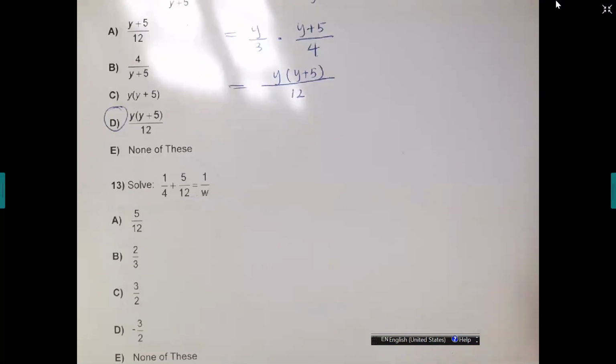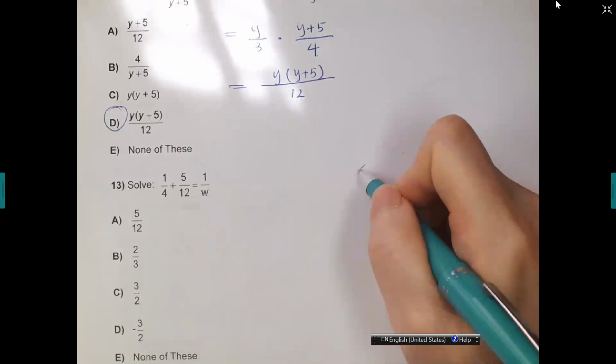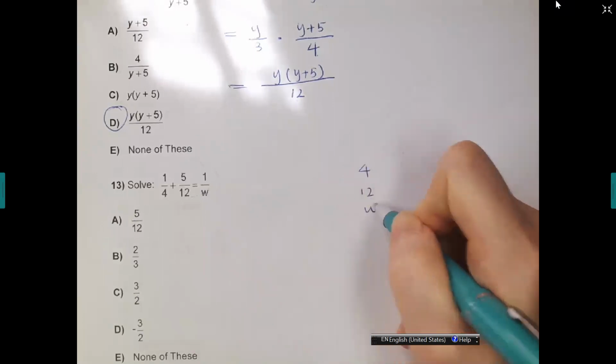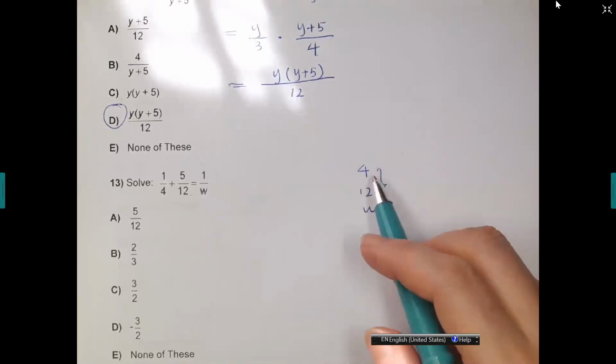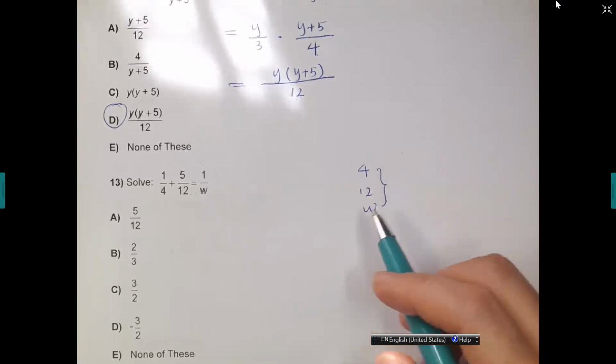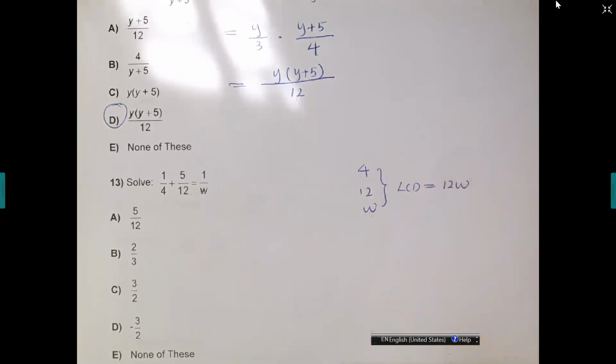Just multiply every single term by the least common denominator, by their LCD. See, I have 3 denominators. Write them down. 4, 12, and W. And I want to ask myself, what is their LCD? So 4, 12, their least common multiple is 12. There is W here, so the LCD, this easy one, is 12 times W.